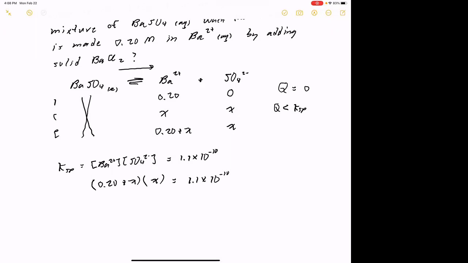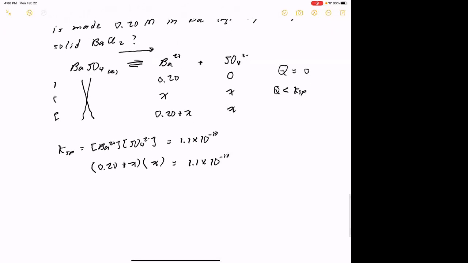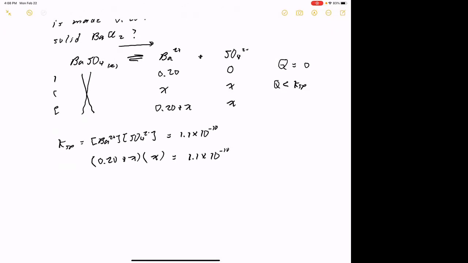Algebra, and then you can use the quadratic formula since it's a polynomial. Well, it's a binomial. It's simple. Yeah, just distribute the X through, right? So you end up getting X squared plus 0.20X, and all that's equal to 1.1 times 10 to the minus 10th, right? Then you rearrange it.